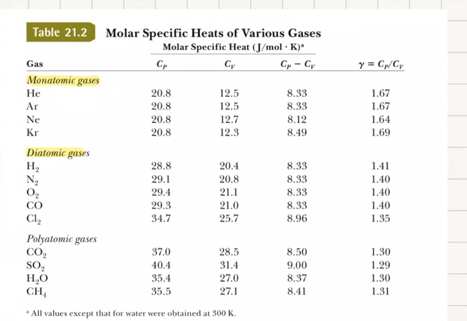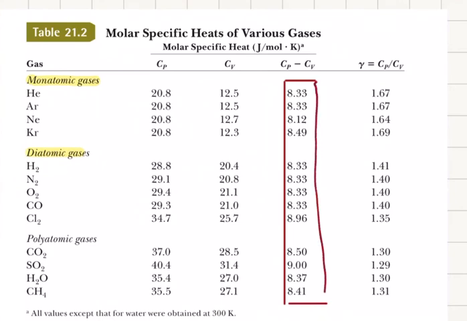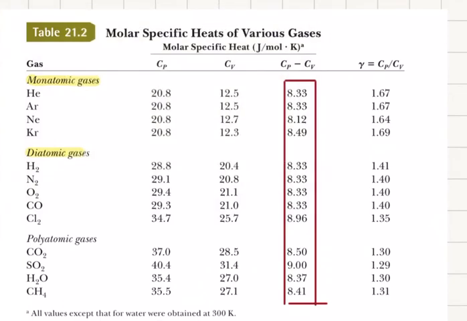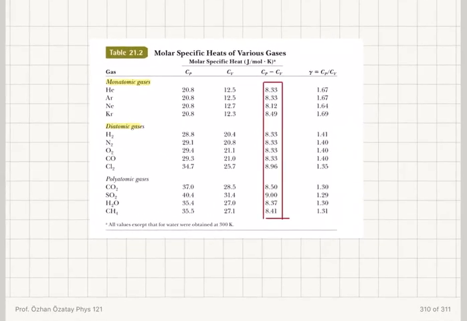For even more atoms per molecule, I have different Cp and Cv values. And Cp minus Cv is R for all gases. You can see here, if you concentrate on this column, Cp minus Cv for all gases is equal to R. We will talk about how to calculate Cp and Cv for polyatomic gases in the next videos.